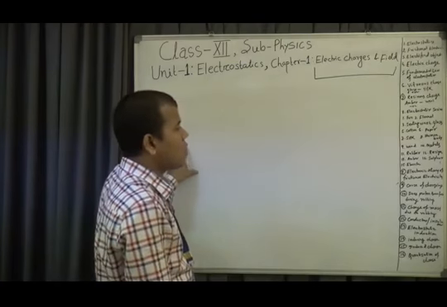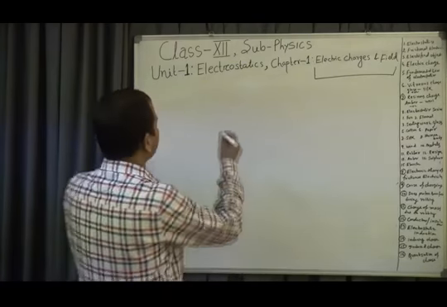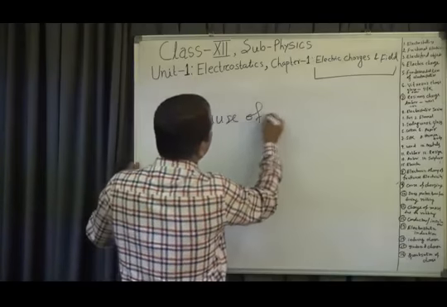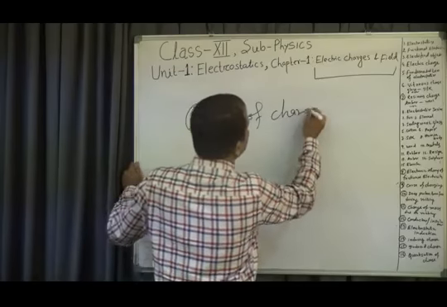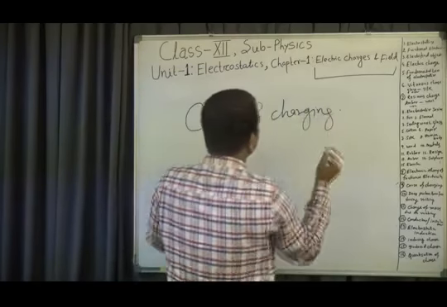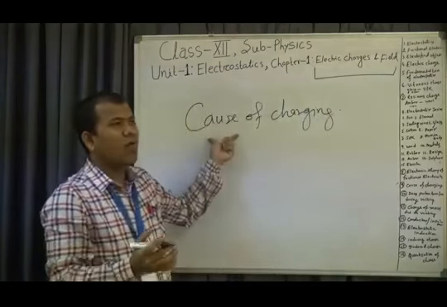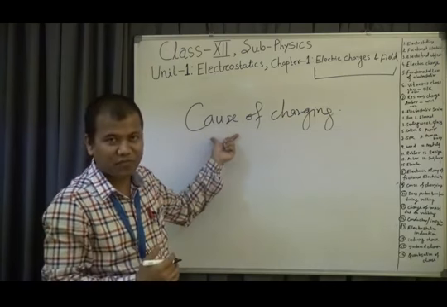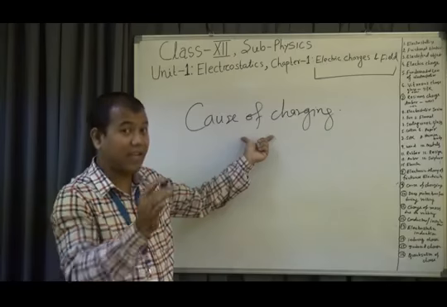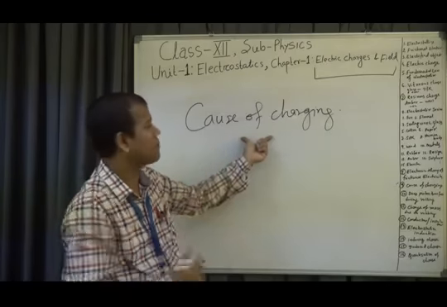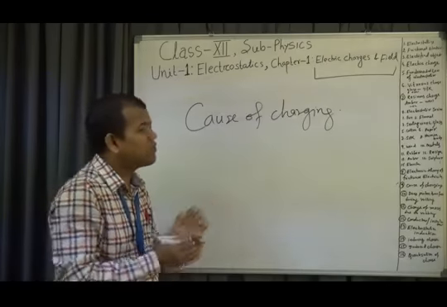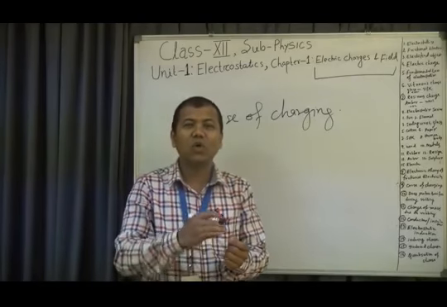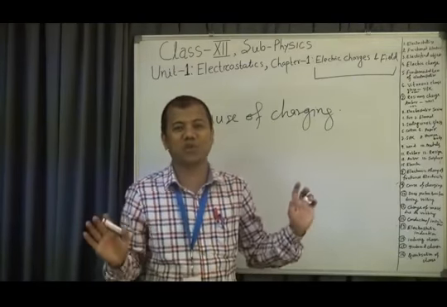Now, what is the cause of charging? Why does any object get charged? Yes, that I told; again I am telling it under another heading. Actually, the cause of charging is just losing or gaining electrons.